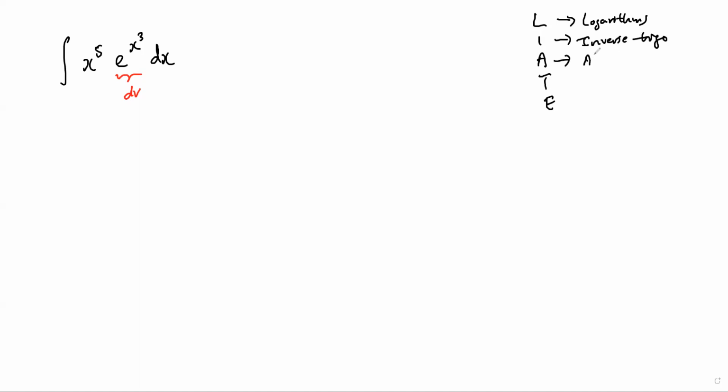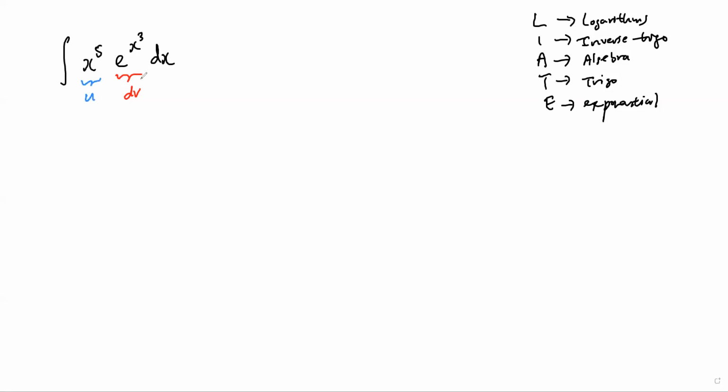A stands for algebra or polynomials in general, T is for trigo, and E is for exponential. So we see e to the power of x cubed, which seems to belong to exponential. But anyway, let's try to let this be dv, and then we let the x to the power of 5 be u.